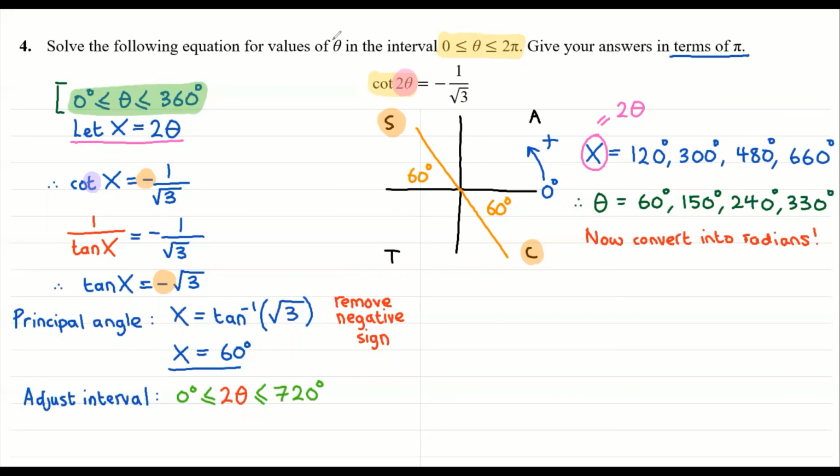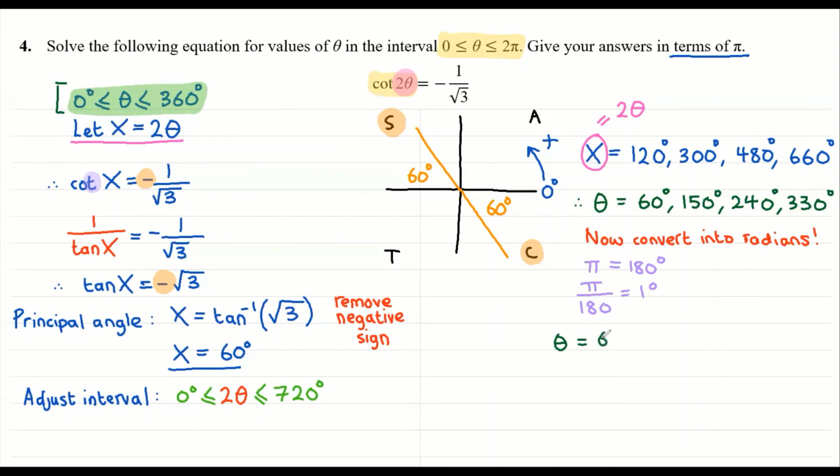Now, how do we do this? Well, just as a little reminder, remember that pi radians is equal to 180 degrees. So if I'm interested in what 1 degree is, I just divide both sides by 180. So 60 degrees would be essentially 60 pi over 180. So it's like I said in previous examples, all we have to do is write these as fractions of pi over 180.